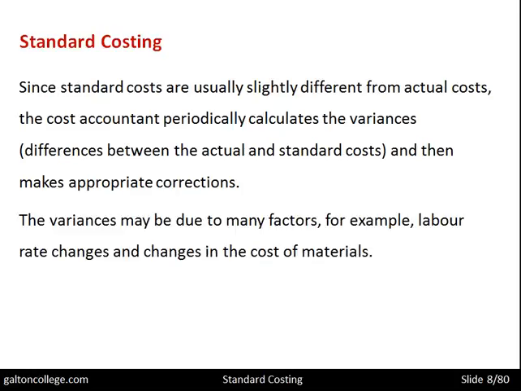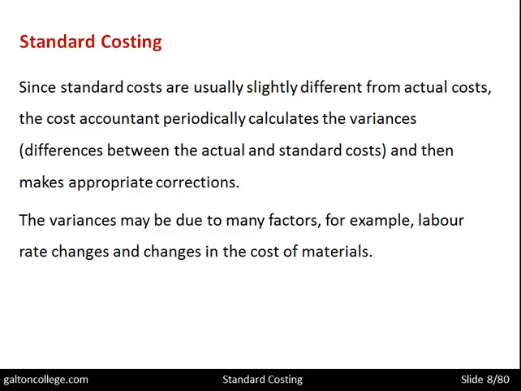The variances may be due to many factors. For example, labour rate changes, the amount that's paid to workers may change, or changes in the cost of raw materials because of different market conditions for raw materials, or perhaps the impact of inflation, or whatever it is. So there may be several factors that lead to these variances.